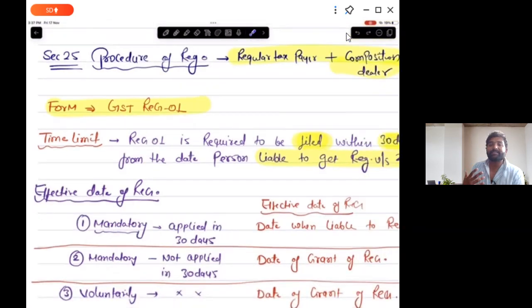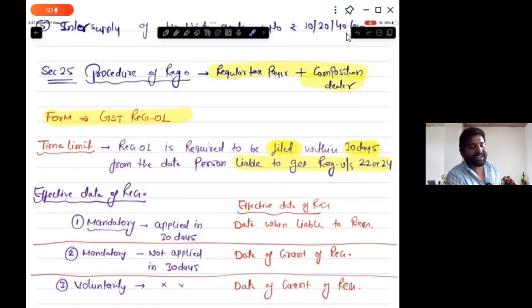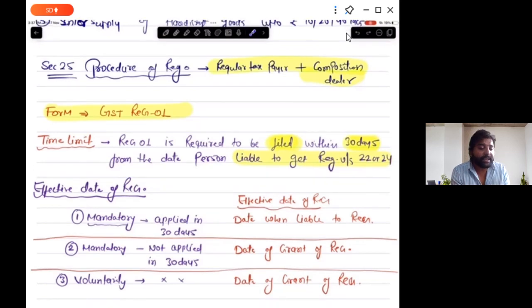Now, in how many days, sir? Of course, there is always a time limit for doing anything. So in how many days do I need to apply? I need to file this form within 30 days from the day I am liable to get registered. Whenever my turnover crosses the limit, or if I am doing any transaction covered under section 24, I become liable from a certain date.